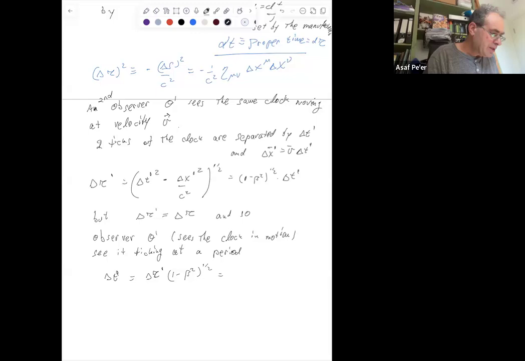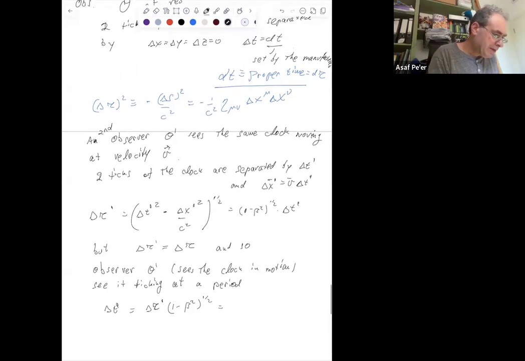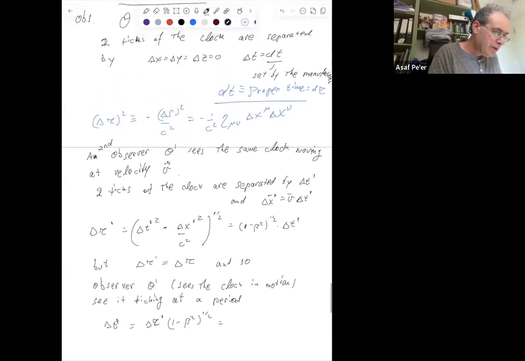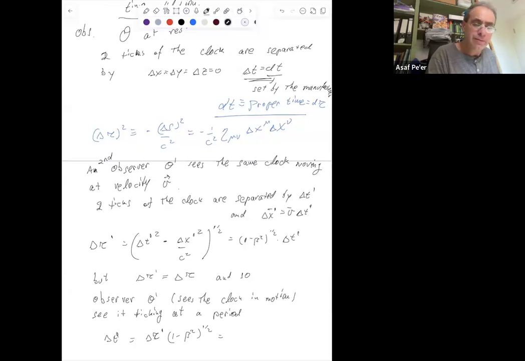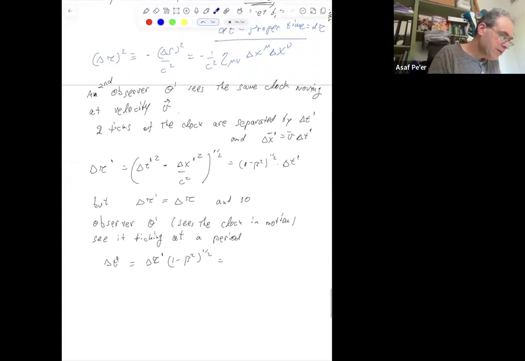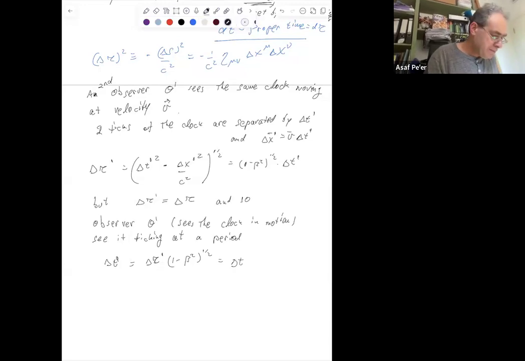But delta tau prime is just delta tau, and delta tau is equal to delta t. So this is just delta t times 1 minus beta squared to the power minus 1/2, of course, which is just gamma times delta t.